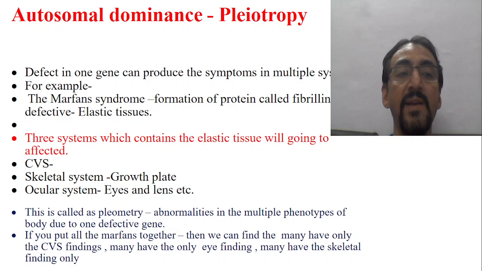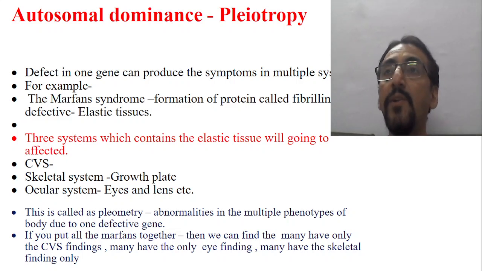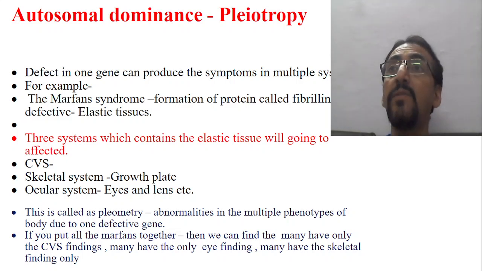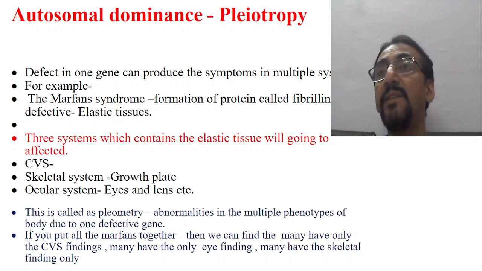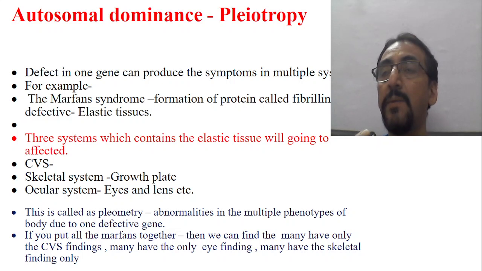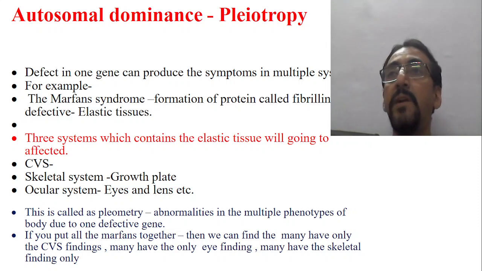Number one is the CVS, the cardiovascular system. In the cardiovascular system, the big vessels are made of a lot of elastic tissue for contractility and relaxability. There should be elastic tissue, especially in the pulmonary trunk as well as the aorta.